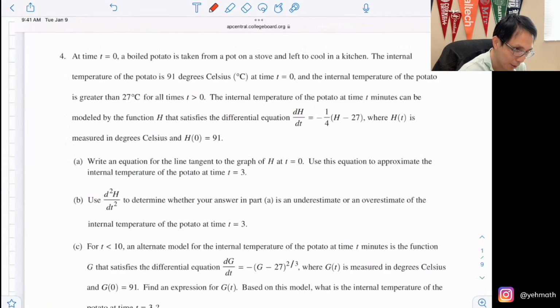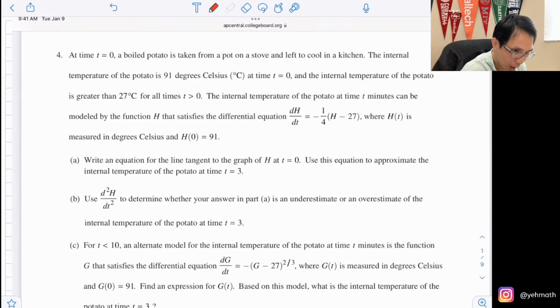So let's look at this question. The way they word it is really funny. The question is kind of difficult because there are 2 variables and they look very similar. One is temperature, one is time. You might think both are T, but they're not. Temperature is H of T. Time is T. So there is a small difference.